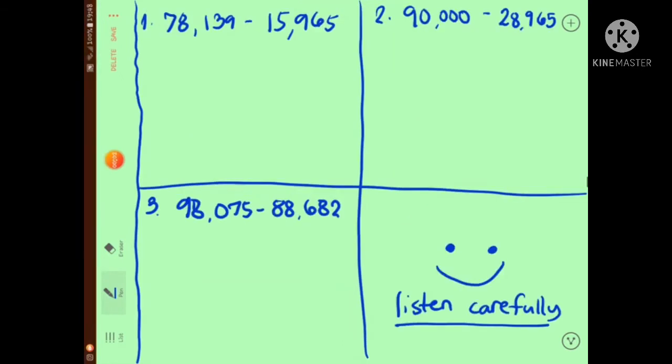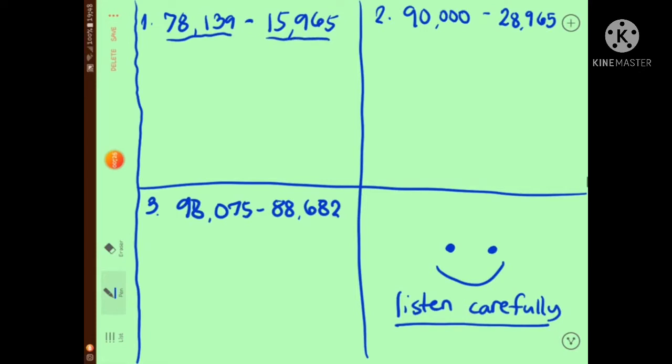Alright? Okay, so these are the other examples. So we have 1, 2, and 3 only. Okay? So let's answer number 1 first. We have here 78,139 minus 15,965.